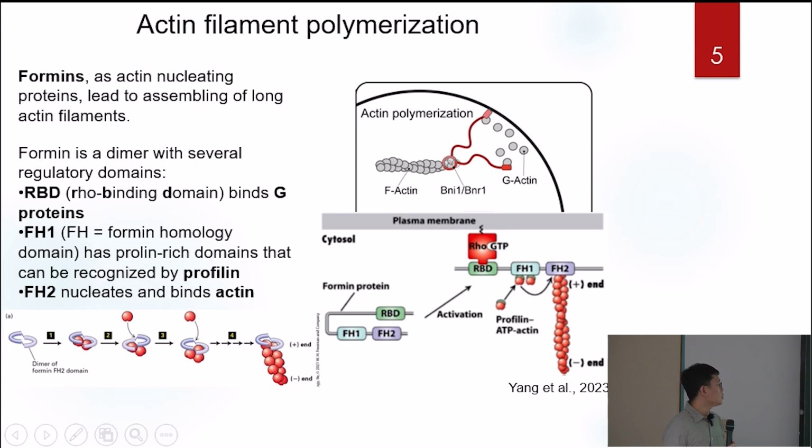FH1 is the domain that recognizes profilin, and FH2 is the domain for nucleation. After the RBD domain binds Rho, the profilin with ATP and actin will bind to the FH1 domain. Then the FH1 domain can transfer the actin monomer to FH2 and form the actin filament.